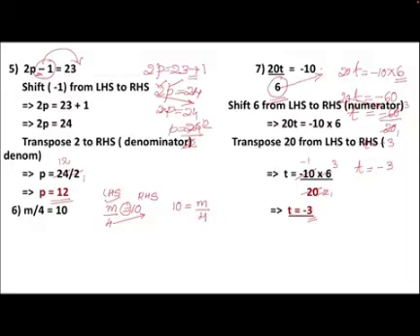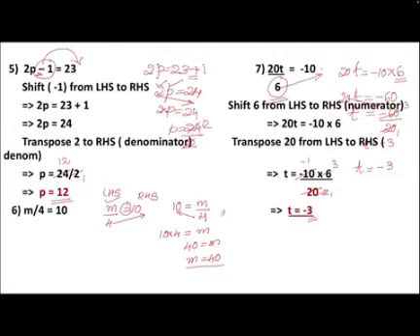Again, we can shift this 4 from RHS to LHS. Okay, in that case, 4, what is there already? 10. 10 into 4 becomes 40. So 10 into 4 equals m. 40 equals m, or m equals 40.